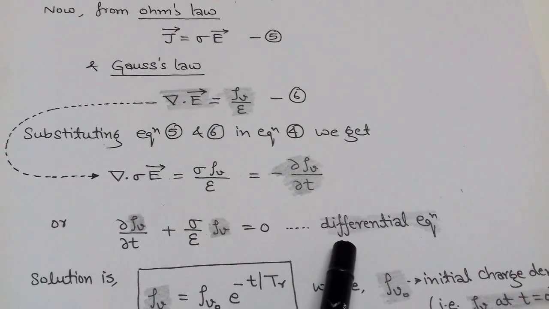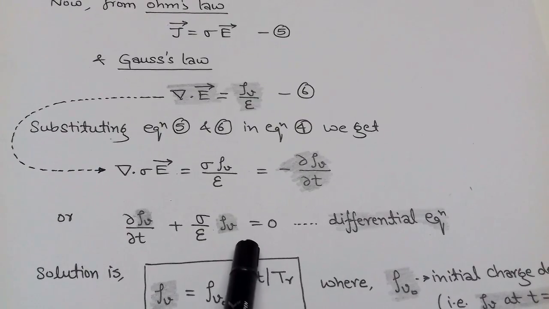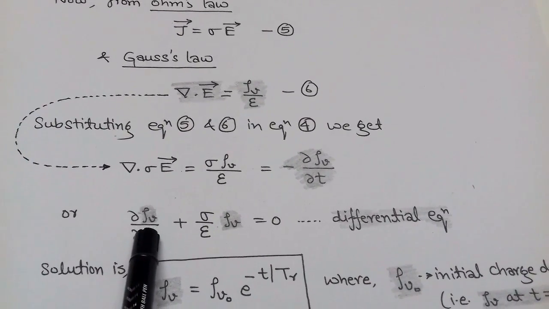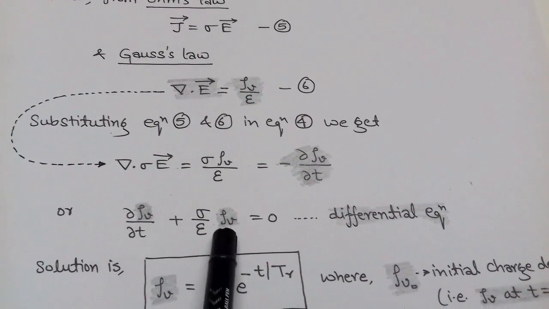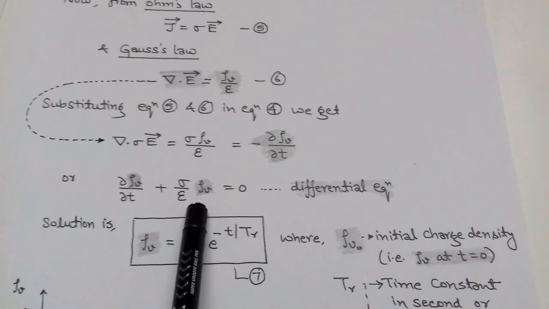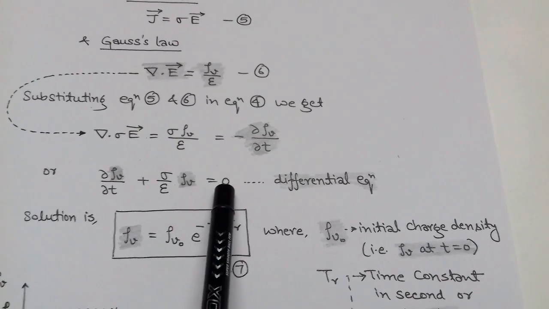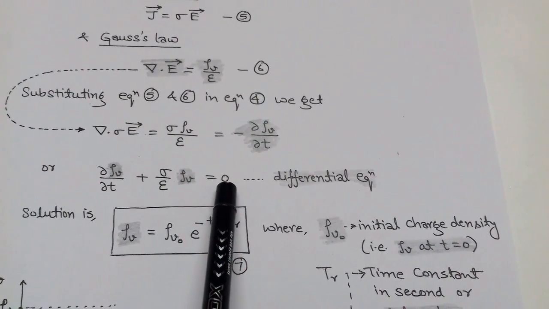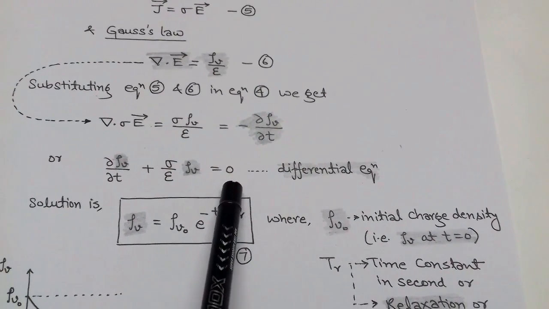This is called a differential equation, and the variable to be calculated is rho V. This is a first order homogeneous differential equation.